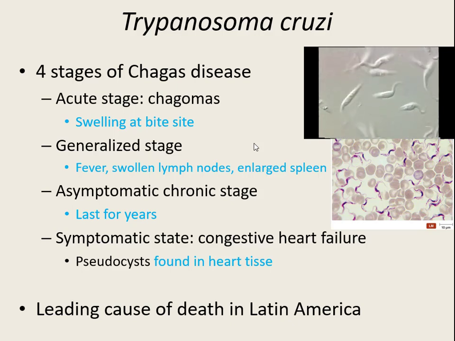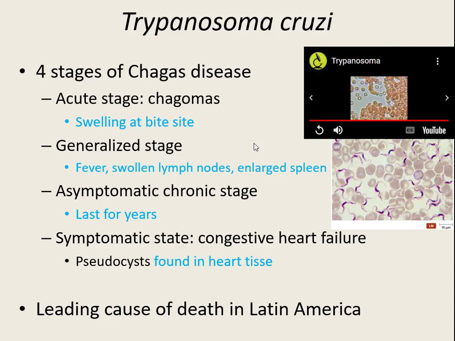The asymptomatic chronic stage is what can go on for years. This is the point where your body has gotten rid of the parasite, your immune system got rid of it, but this was still living in your blood vessels, this was living in your heart tissue, and it did some damage, but you're just not outwardly showing that damage yet.